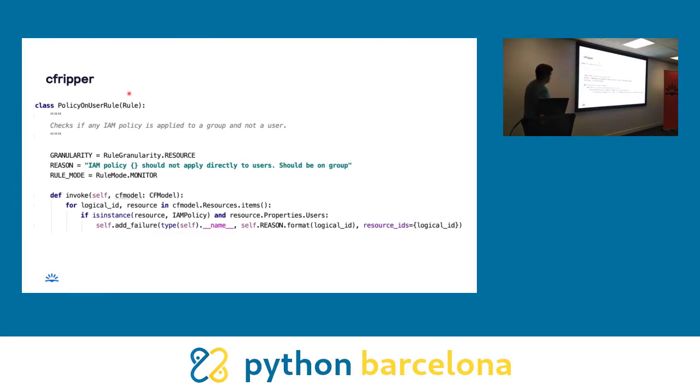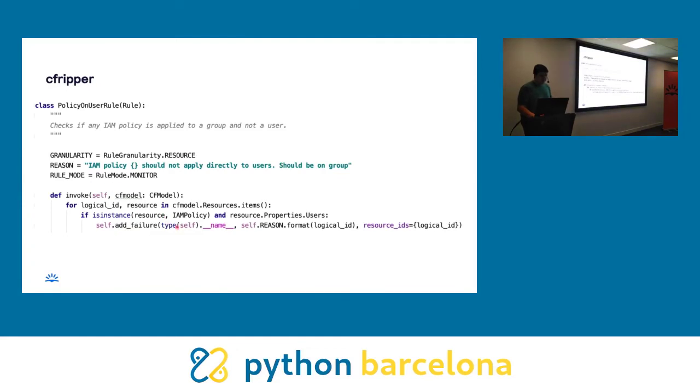The security analysis can be, well, this is an example of a rule. We can see here that we create a model. The model is the one we created with pycfmodel, and we iterate over all the resources created by the CloudFormation, and we run some rules.